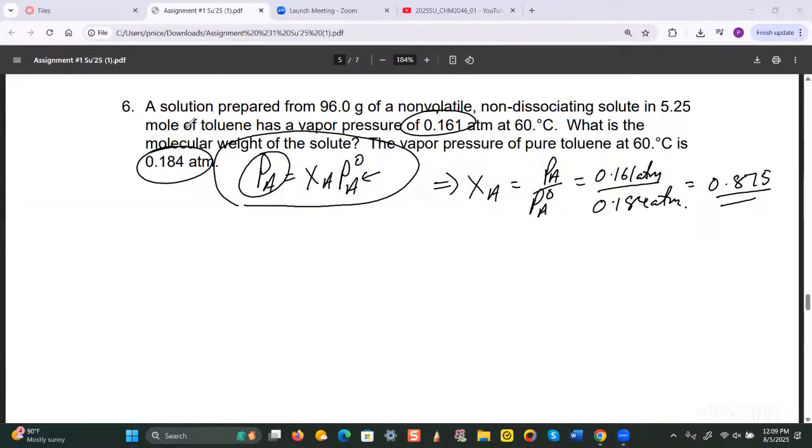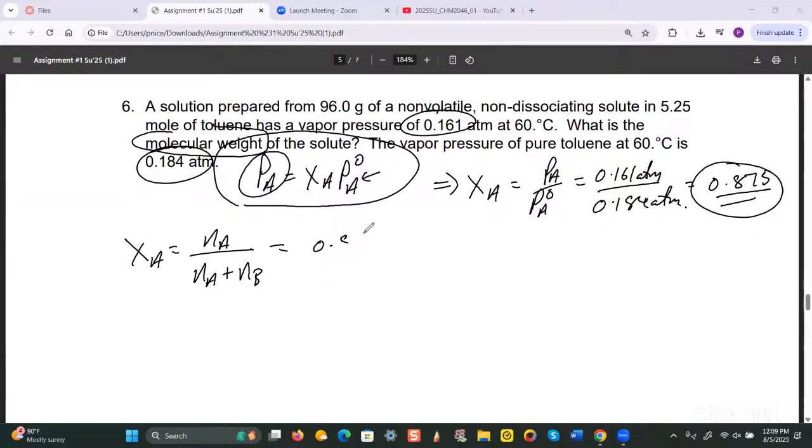Now, what the question is asking for is the molecular weight, right? Another thing I should mention is that by definition, the mole fraction of A is equal to the number of moles of A present in the mixture divided by the number of moles of A plus the number of moles of the other substance, which is what you're trying to find. I'm going to call it B, number of moles of B, right? And we already know that this is equal to 0.875.